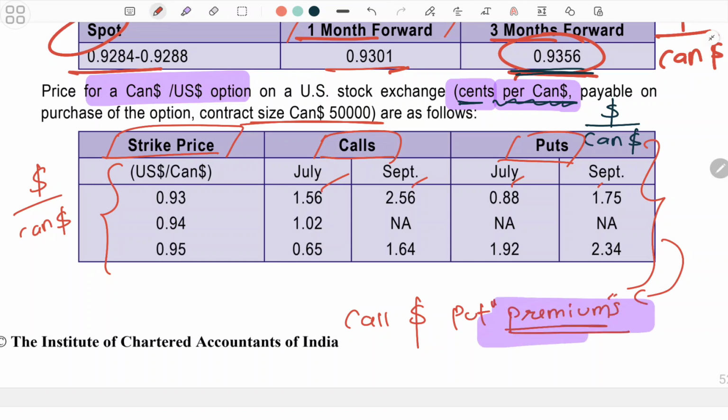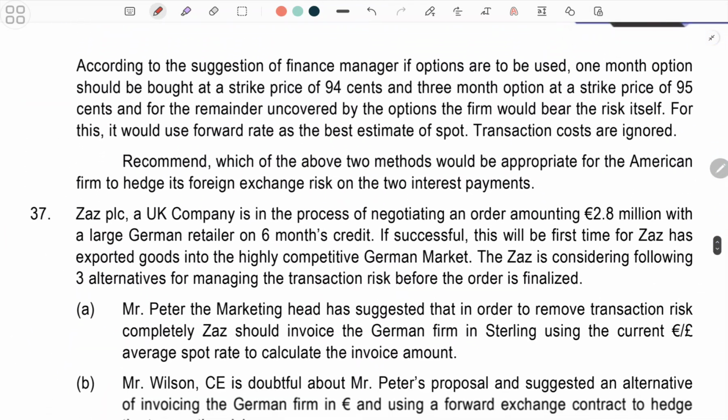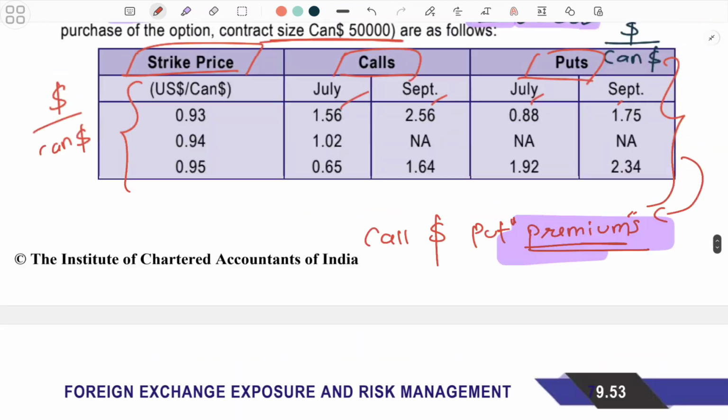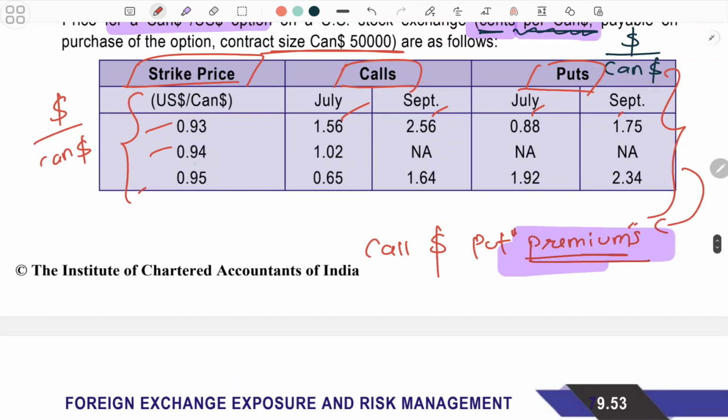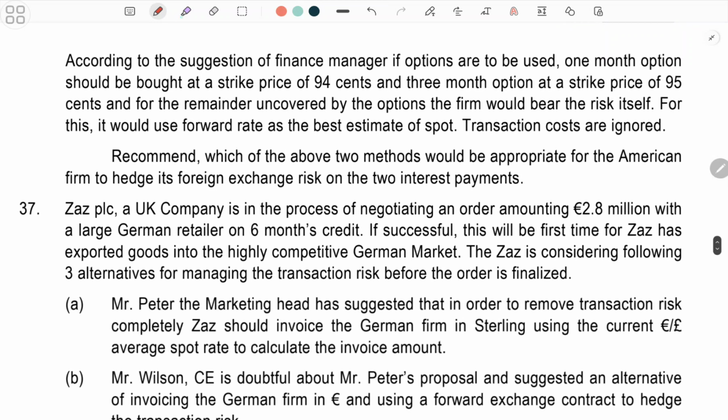Now moving on. How will you hedge using options, and at what strike price? 3 different strike prices are given to me. Which one to use? Let's see the question, it will guide us. According to the suggestion of the finance manager, if you hedge through options, then 1 month option should be bought at a strike price of 94 cents.